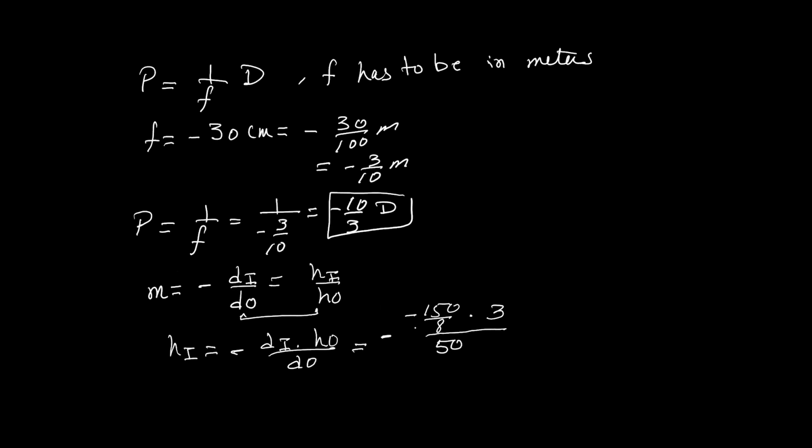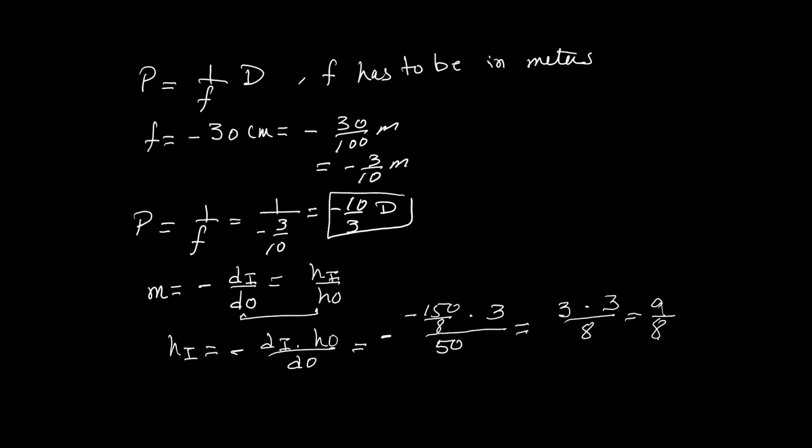The minuses cancel out. The 150 over 50 gives me a 3 times another 3 over 8. So this is 9 over 8, which is a little bit over 1.